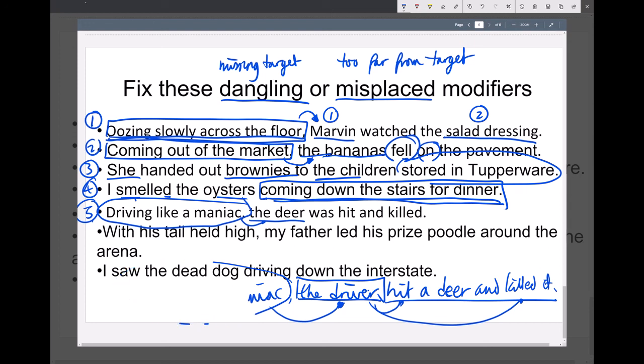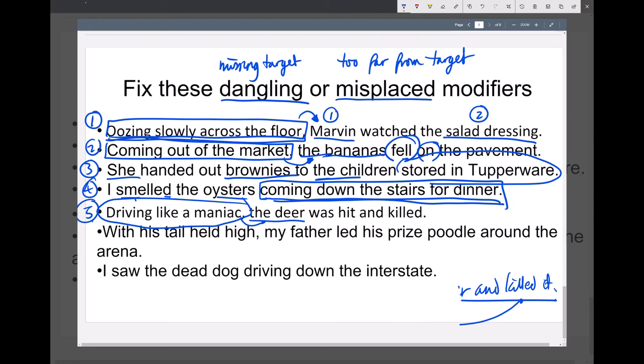So as you can see, dangling and misplaced modifiers can happen quite a lot, especially when you're taking a narrative course or you're describing things that happened. In your research and argumentative research paper, you may use these, so be careful when you have modifiers as well.